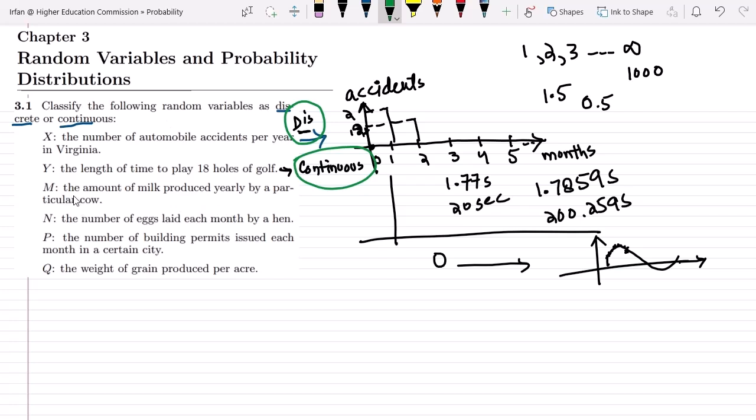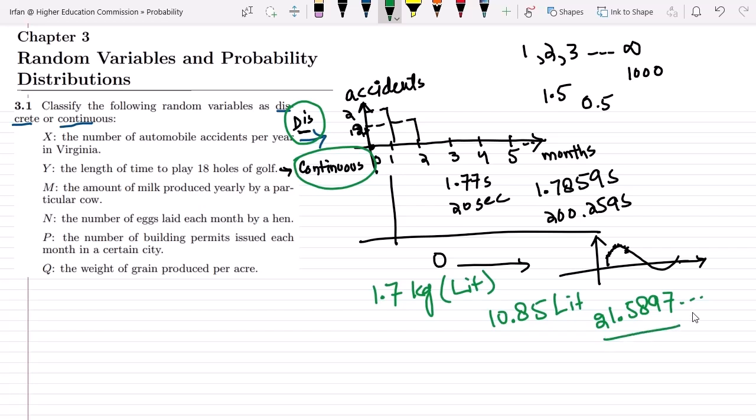The third one here is the amount of milk produced yearly by a particular cow. Here we can also see that we cannot distinguish between the values, because it can be 1.7 kgs or liters, it can be 10.85 liters, it can also be 21.5897 up to infinity.